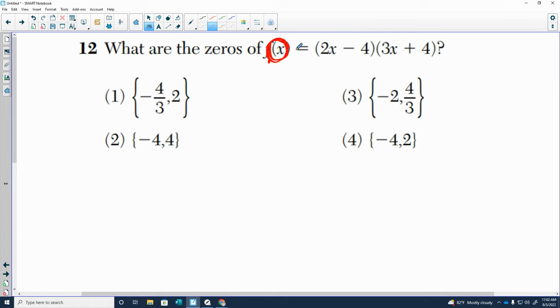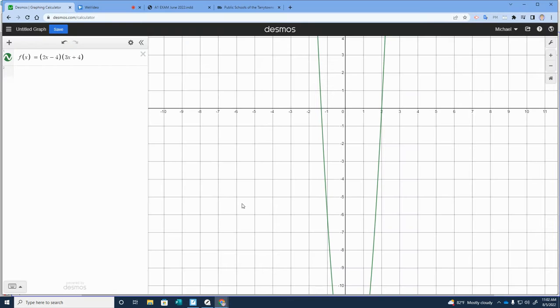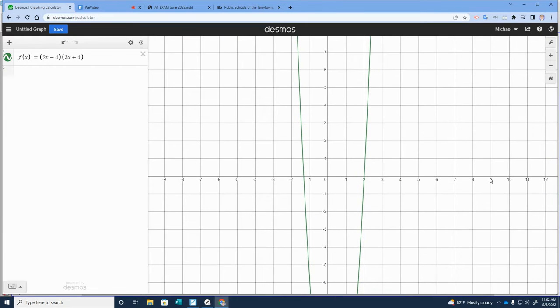Well, on a graph, where is a function equal to 0? If I look at my x-axis, whenever I'm above the x-axis, my values of f of x, or my y, are positive. Whenever I'm below my x-axis down here, my values of f of x, or y, are negative.